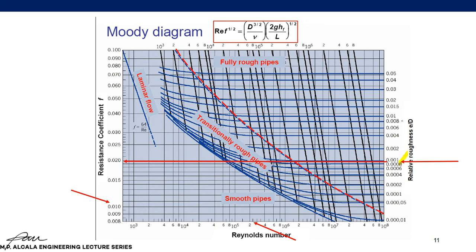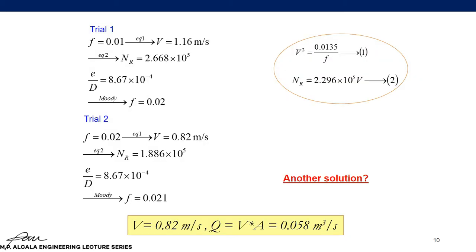In between 0.008 and 0.001 is 0.009, right? So at least you should guess already 0.02. But the initial guess here, 0.01, inputting here 0.01, will give you a velocity of 1.16.